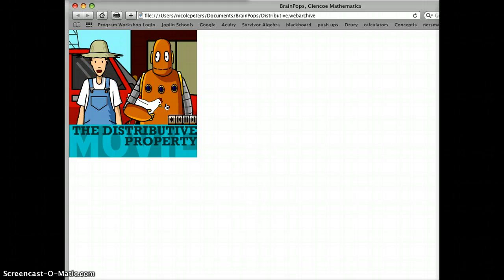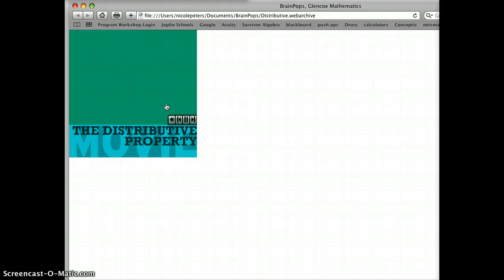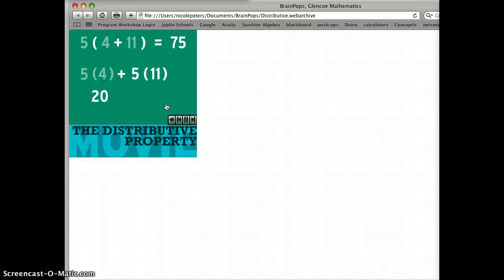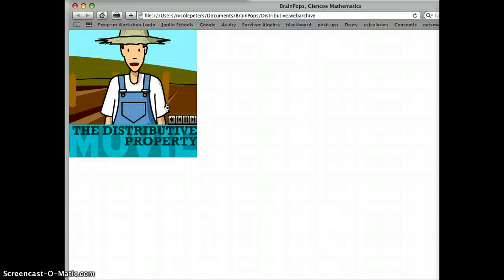But say you don't have a calculator handy. According to the distributive property, 5 times the quantity of 4 plus 11 is the same thing as 5 times 4 plus 5 times 11. This makes it easier. 5 times 4 is 20, and 5 times 11 is 55. And 20 plus 55 equals 75. So both methods get us 75 as the answer. We just use the distributive property to figure it out without a calculator.